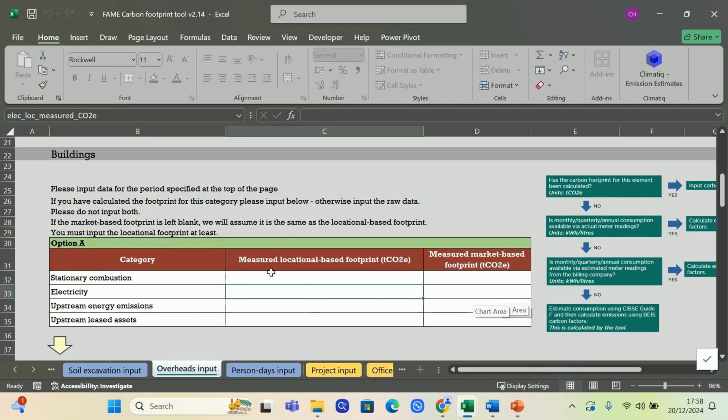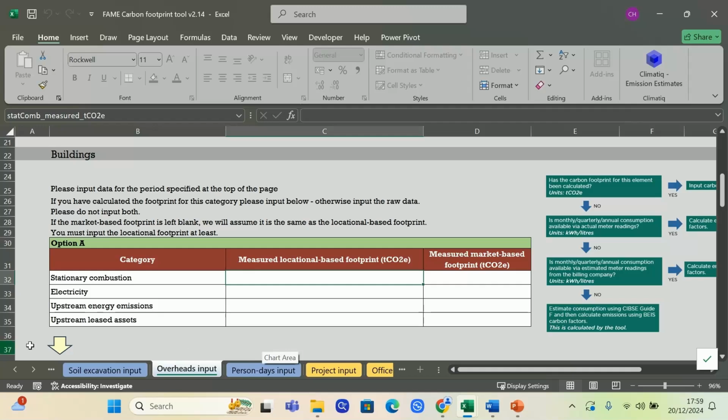So you just need to enter the data once. If duplicate data is detected, the tool will display a message to allow the user to confirm that these do indeed represent different activities and not the same one twice.